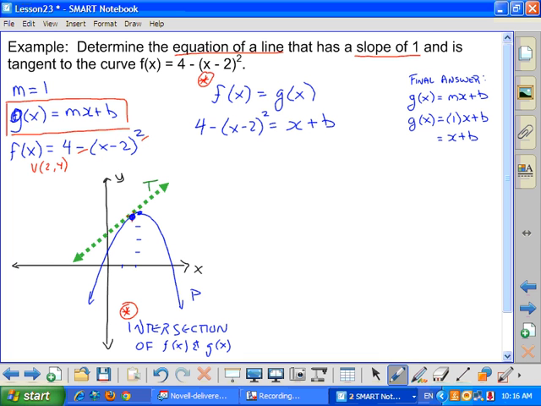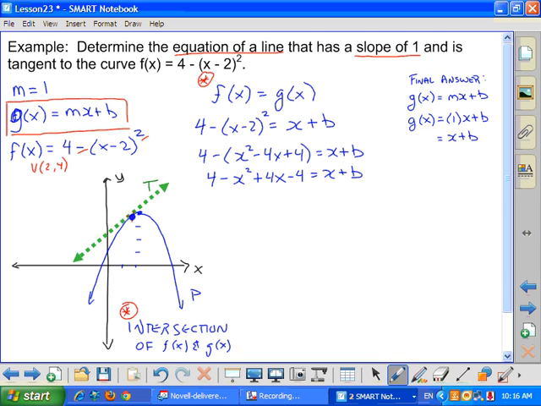Unfortunately, we're going to have to do an expansion here. So I'm going to do 4 minus, I'm doing the FOIL, x squared minus 4x plus 4, equals x plus b. That's 4 minus x squared plus 4x. Be careful with that distribution. Okay, I want to collect like terms.